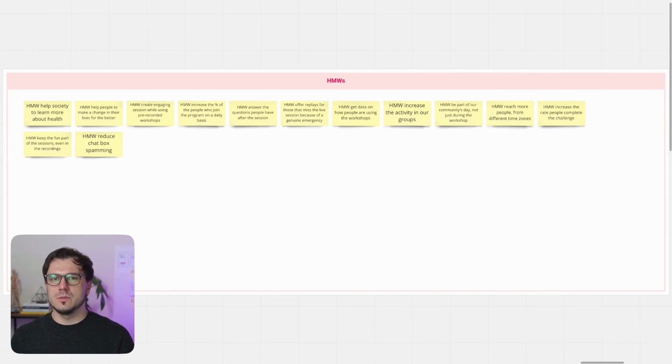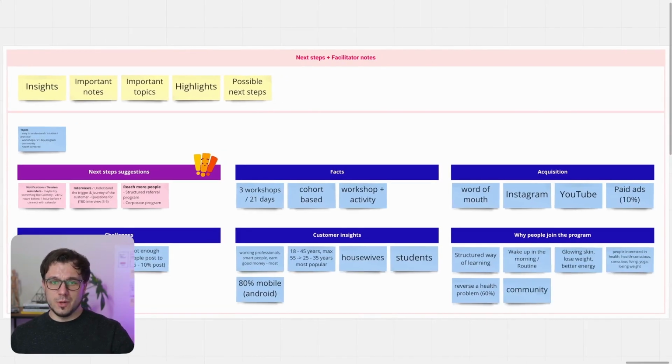This is especially useful for rephrasing some of those things that come up in a way that will further down help us and guide us to come up with different solutions. And it puts us in the proper mindset to try and find different ways to solve these challenges that we face. And also there are notes, usually my notes and insights and things that I highlight. So it's insights, important notes, topics that emerge, highlights, possible next steps. All these go on this board.